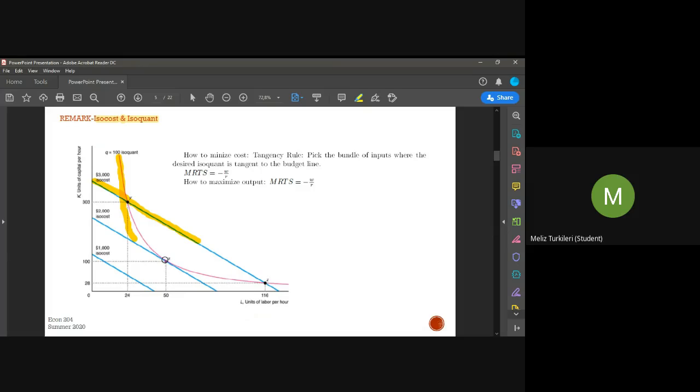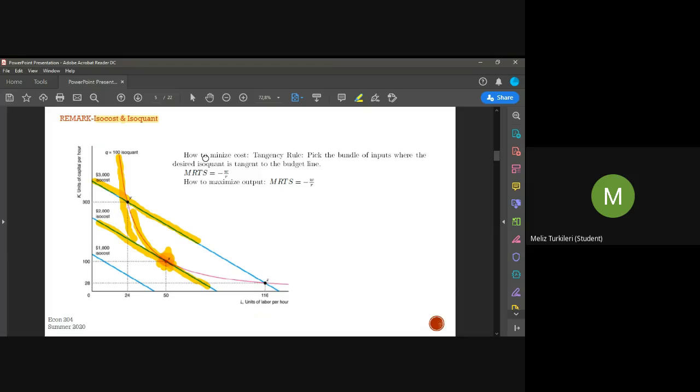And this point shows the level where the marginal rate of technical substitution is equal to the slope of this isocost line, okay? So this part shows the isocost line, and you take the slope of this line, and you take the slope of this curve at point X, you need to equalize them, and then you can find the solution of the minimization problem.